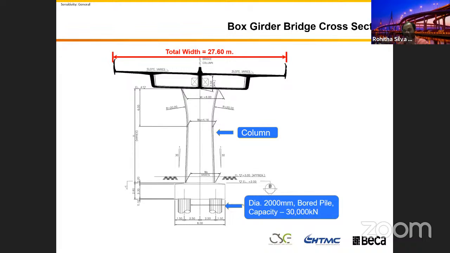The main purpose of this bridge is to transfer all the traffic load into the foundation, into the ground, but at the same time reduce the number of expansion joints. That is one of the main reasons we try to come up with this solution, because the expansion joint is one of the worst things on a bridge structure.